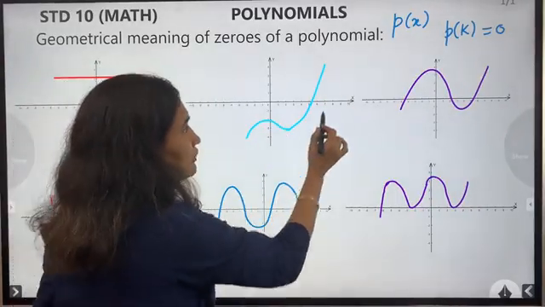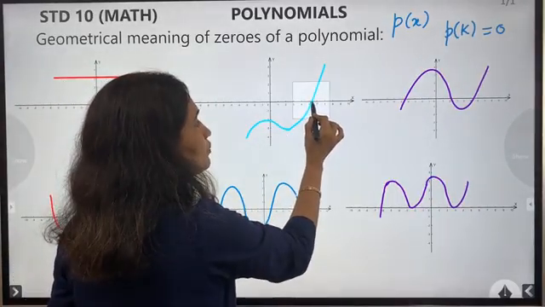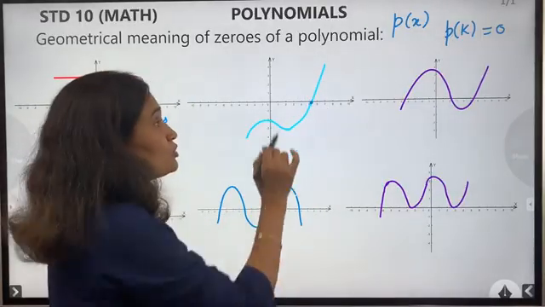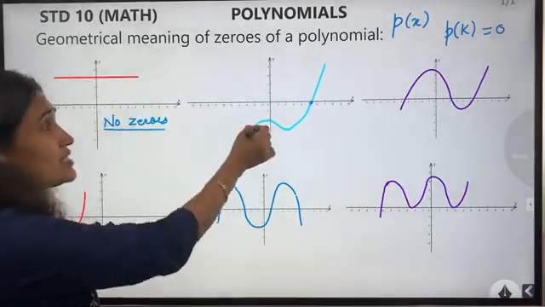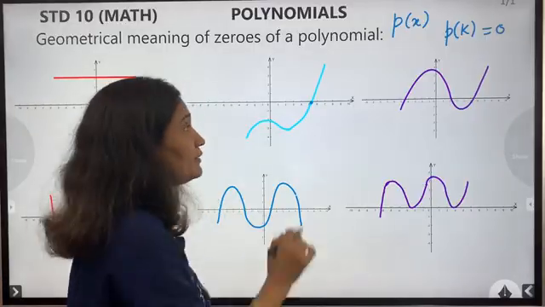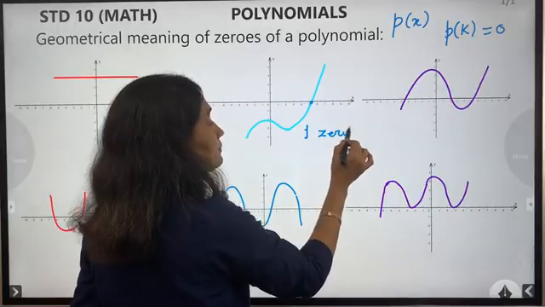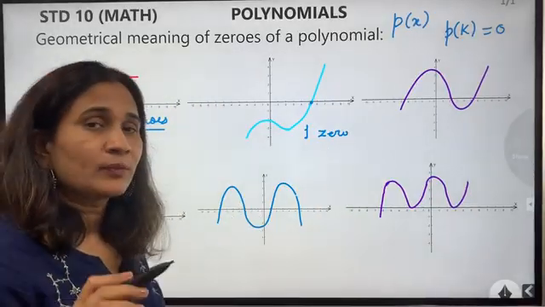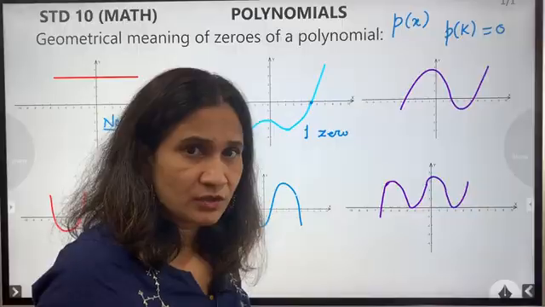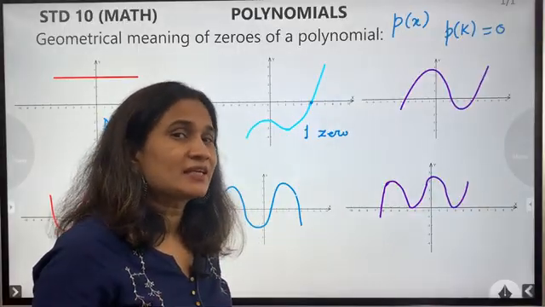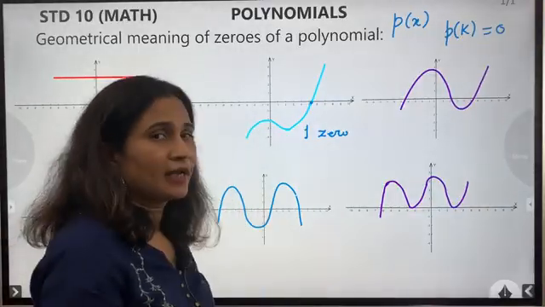Coming to the second graph, if you see, it is touching the x-axis only at this one point. So how many zeros is this graph going to have? This graph is going to have 1 zero as its solution. But children, also come to know that whenever the polynomial expression is given to you, you will put the value of x and y in it and you will plot a graph.